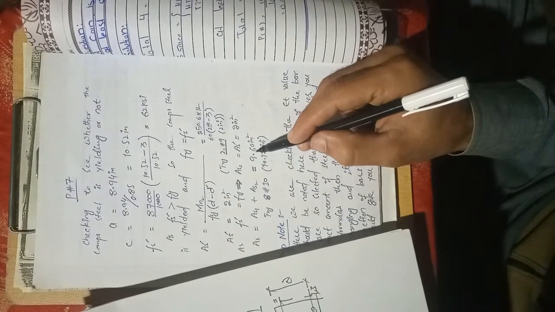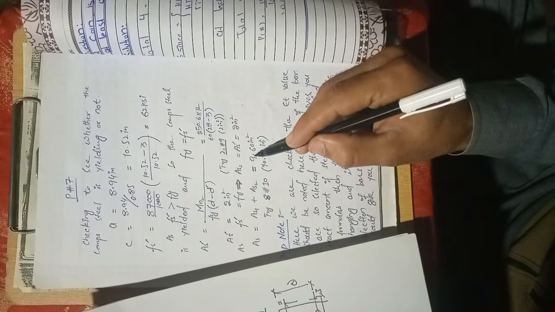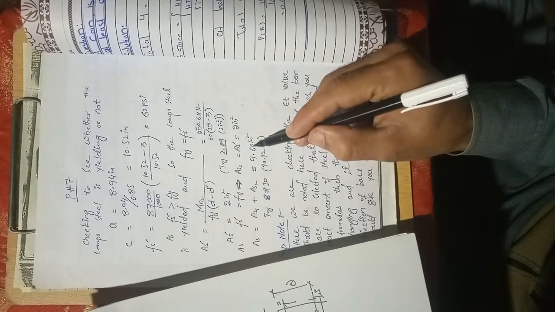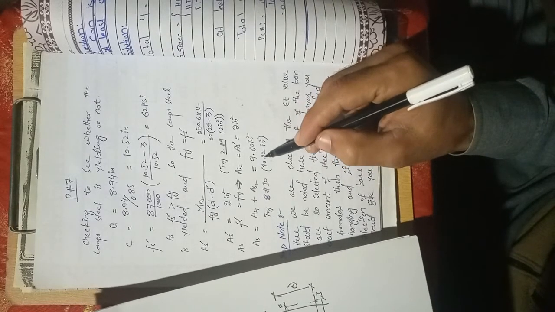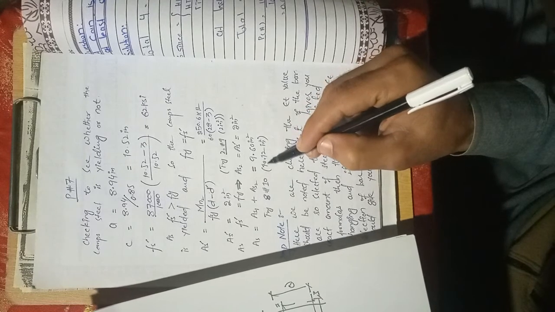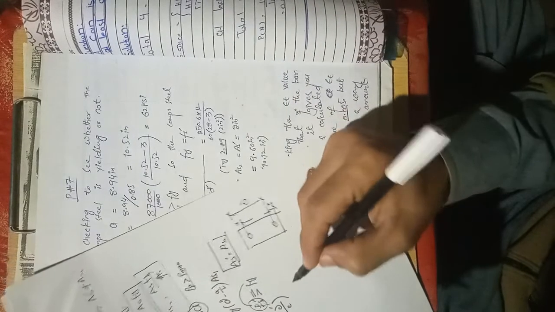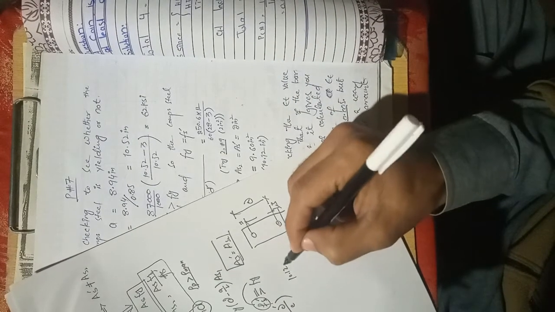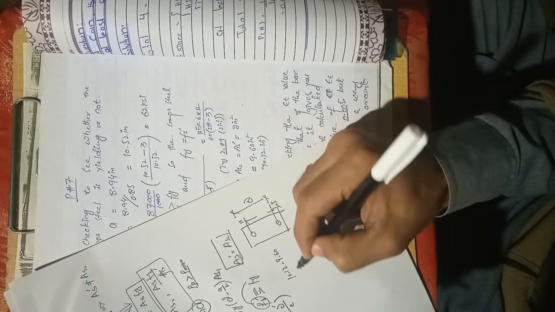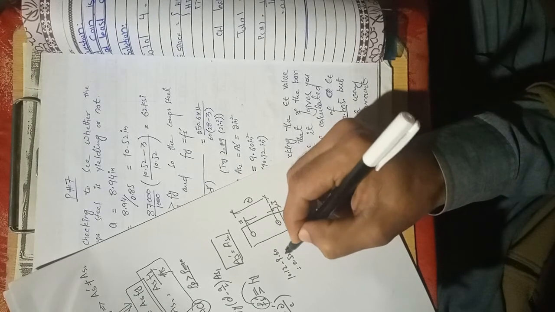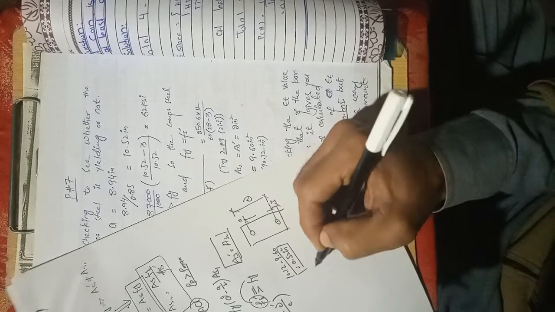But for the tension steel, theoretically we need 9.60 square inches, while practically we are providing 10.12 square inches. If you subtract 10.12 minus 9.60, it gives you 0.52 square inches. This is the increase.